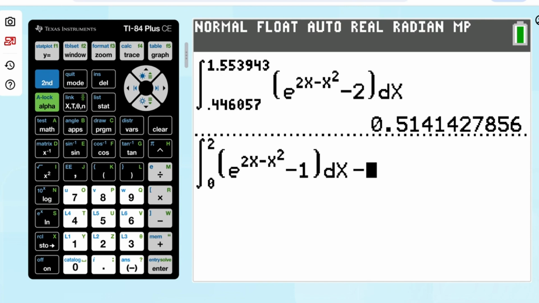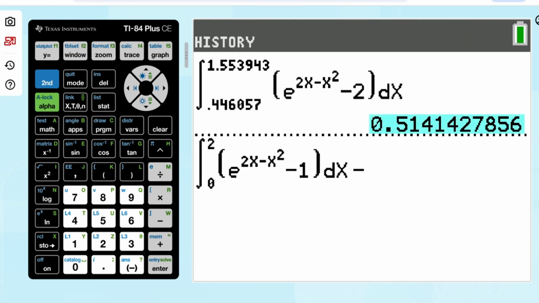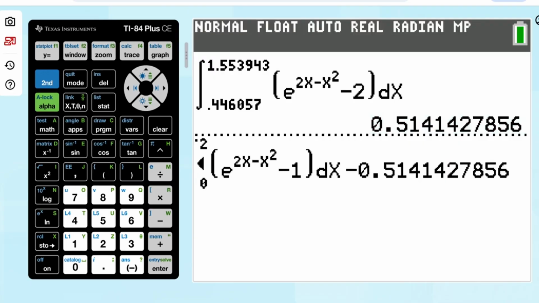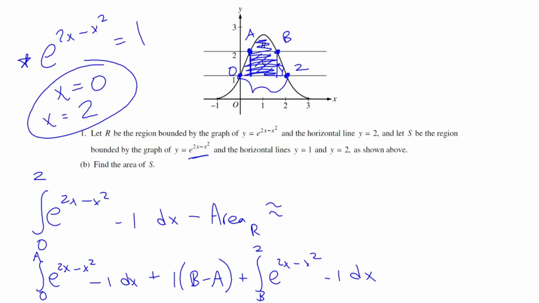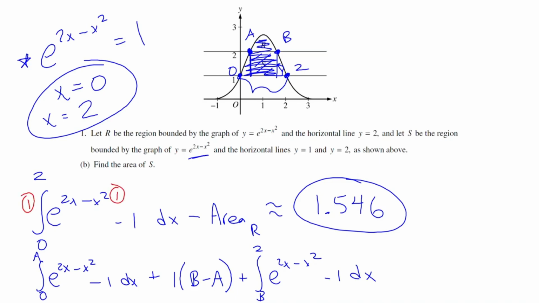So I'm just going to hit minus, go up here and highlight that one and hit enter, and it'll populate it down below. We'll hit enter, and we get 1.546 when we round. And if you do it the other method, you're going to get the exact same value. So for that one, you got 3 points: 1 for the correct integrand, 1 for the correct limits, and 1 for the final answer.